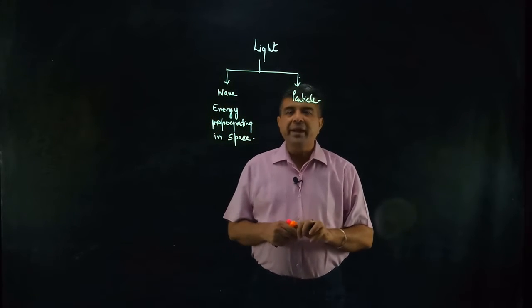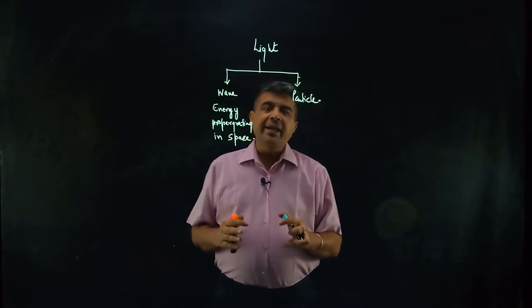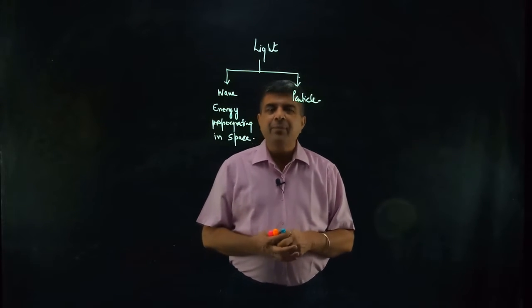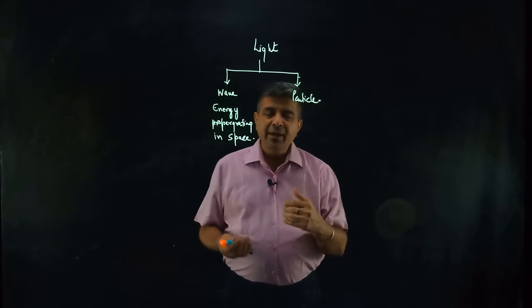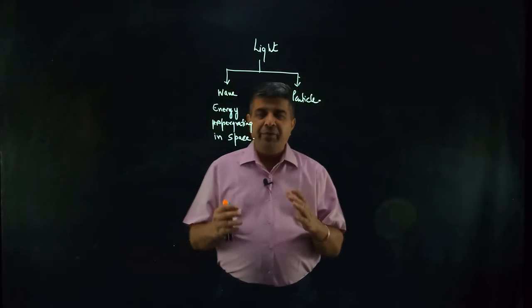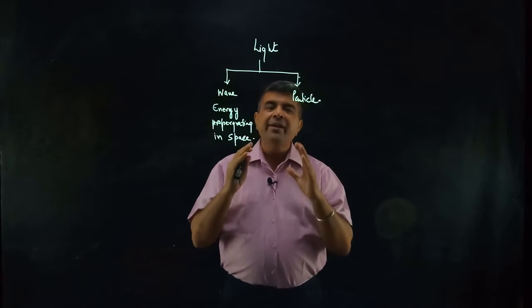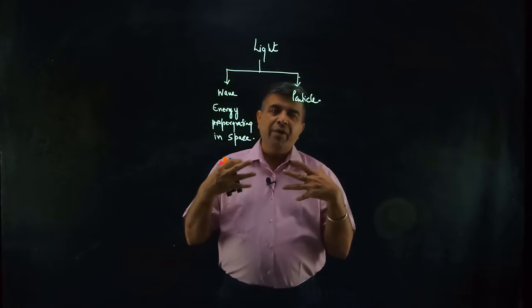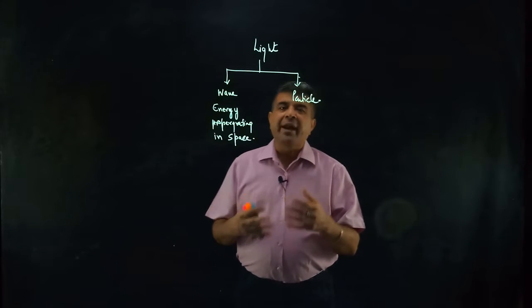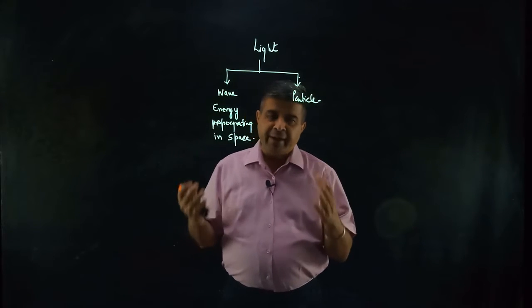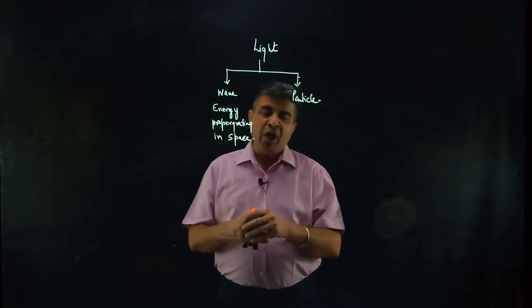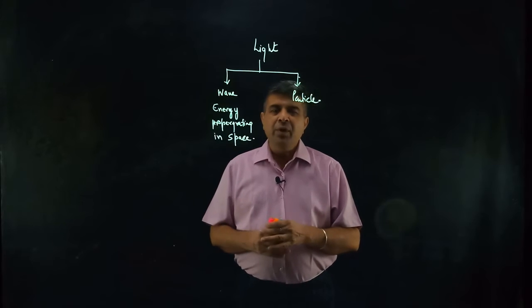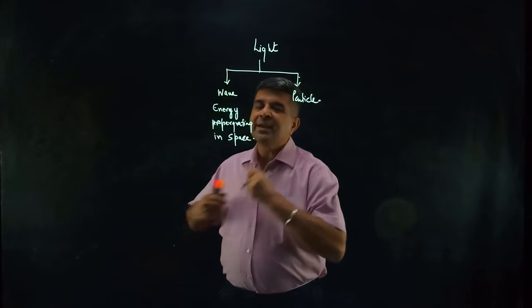Energy propagating in space means, say you are sitting in a room facing north, and suppose you are singing a song. It doesn't mean that the voice is only traveling towards north. The voice coming out of your mouth would be traveling in all available directions. So when the sound is traveling in all available directions, it is termed as space.